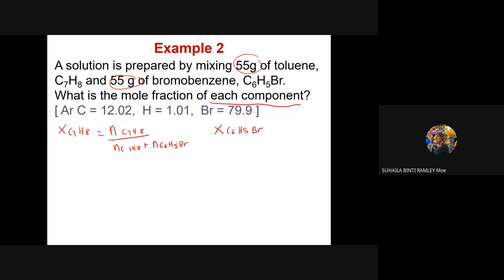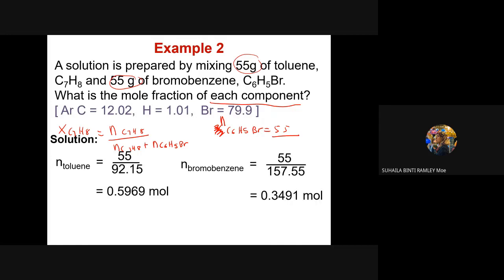So calculate the mole for each first. Toluene is C7H8, and this one is bromobenzene, C6H5Br. Calculate mole for each component first.